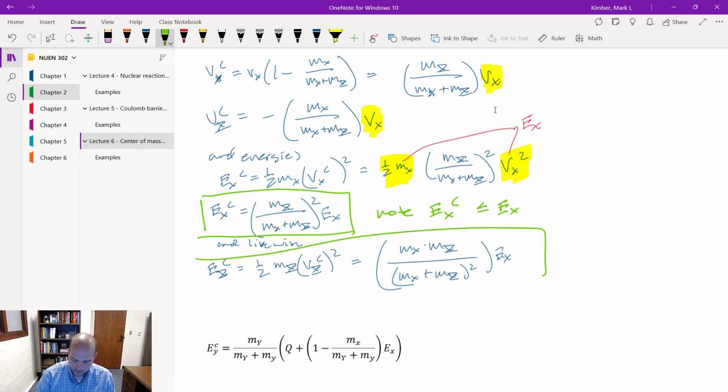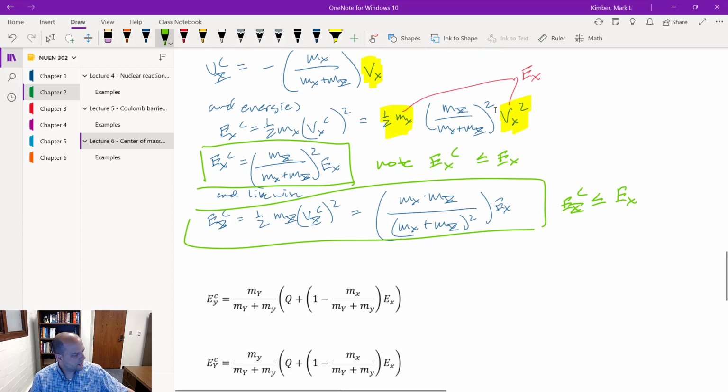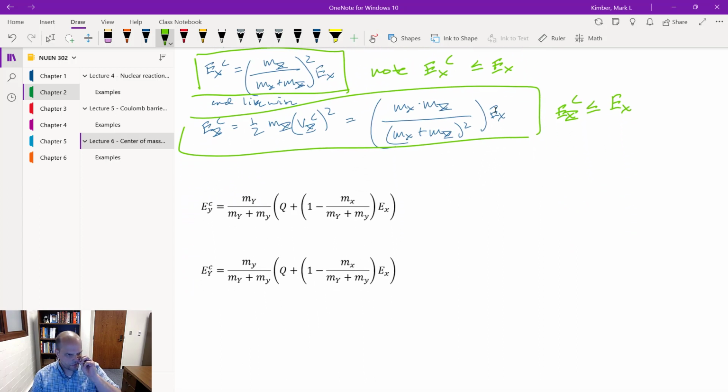Again, I have that this is going to be less than or equal to Ex. So I start with that, and I can do the same thing on the product side. So I've got expressions now. If I know the masses and if I know the kinetic energy of the projectile in the lab reference frame, I can find both Ex and E capital X in my new reference frame, in my center of mass reference frame.